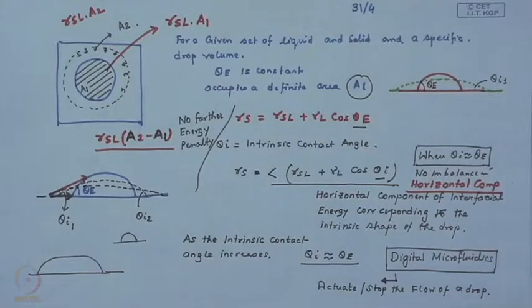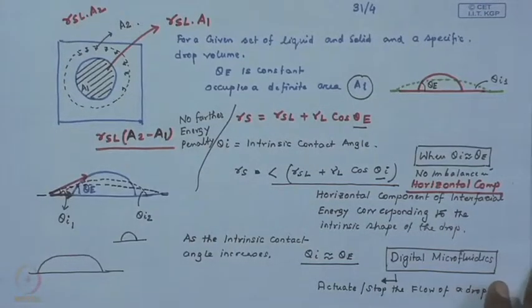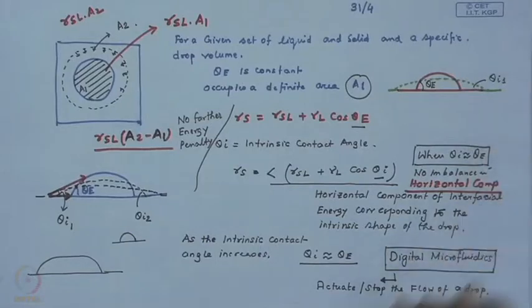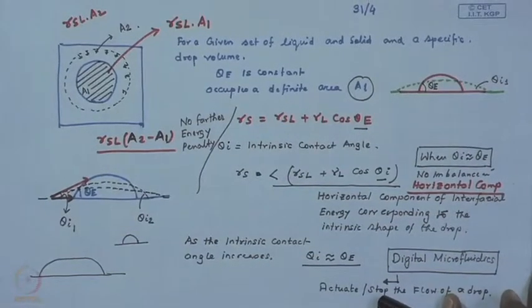So, this is in a nutshell the basic concept of dewetting. I would say this is the macroscopic dewetting of a drop, which can be observed on a surface.